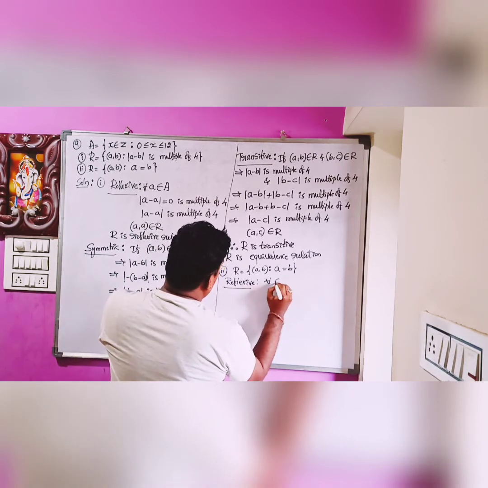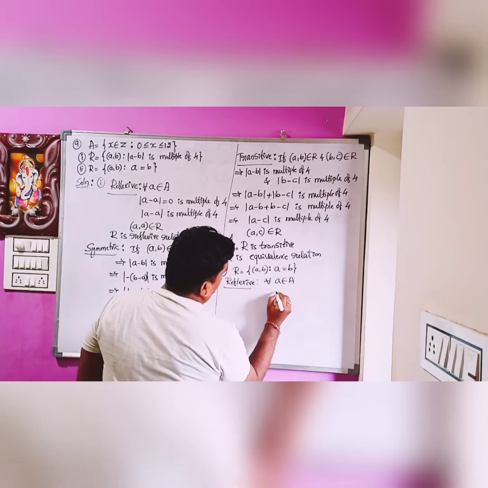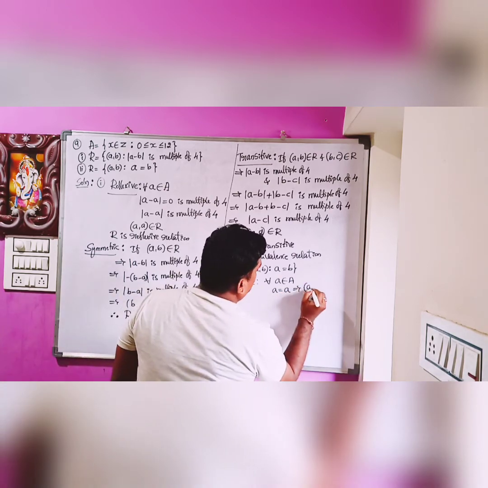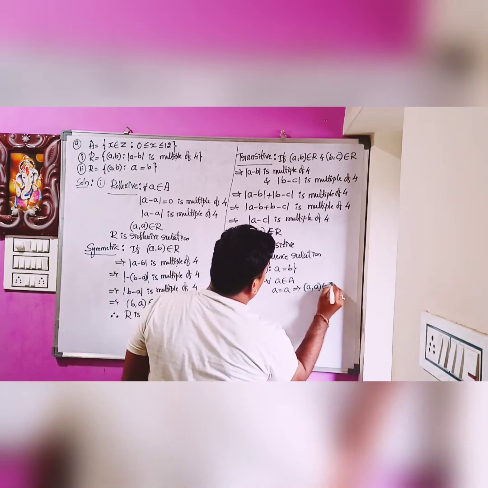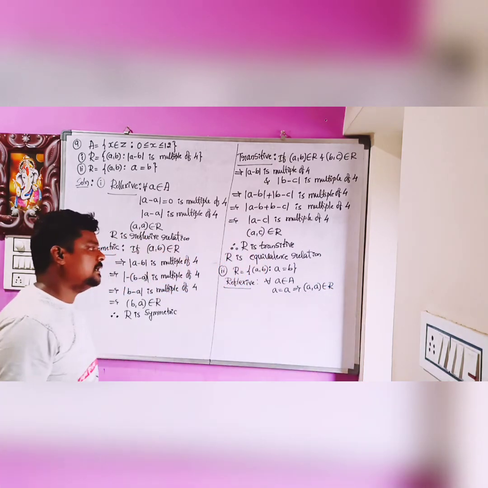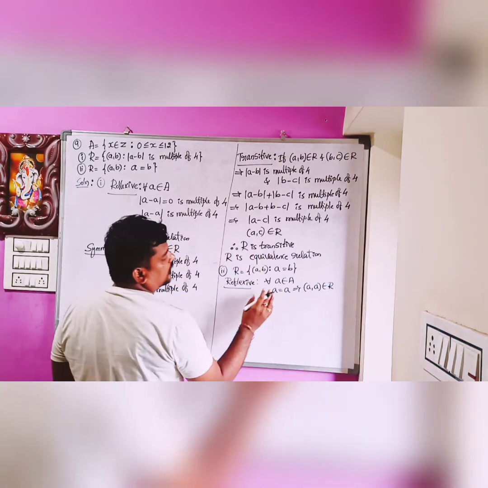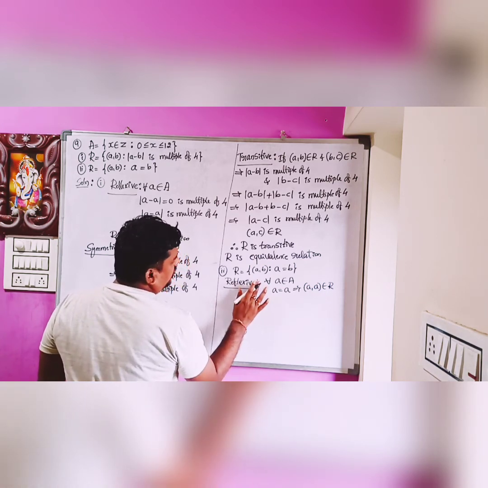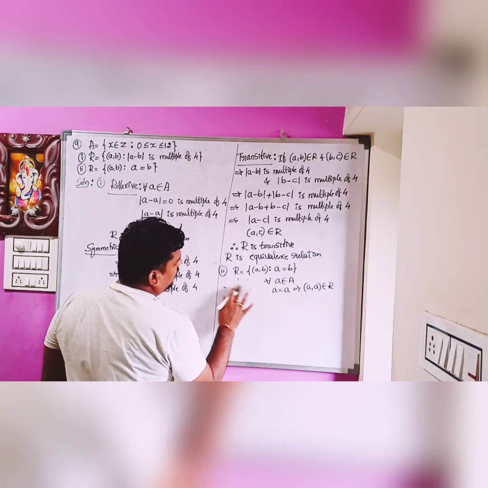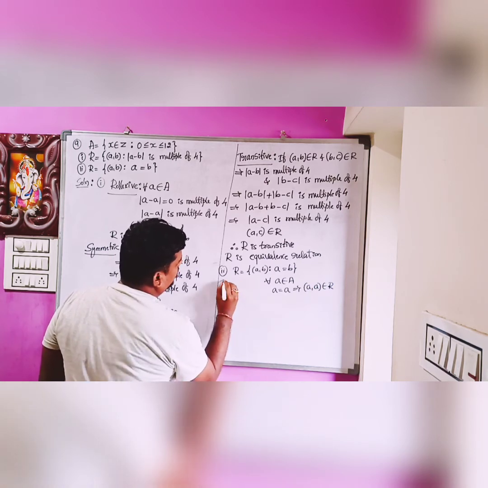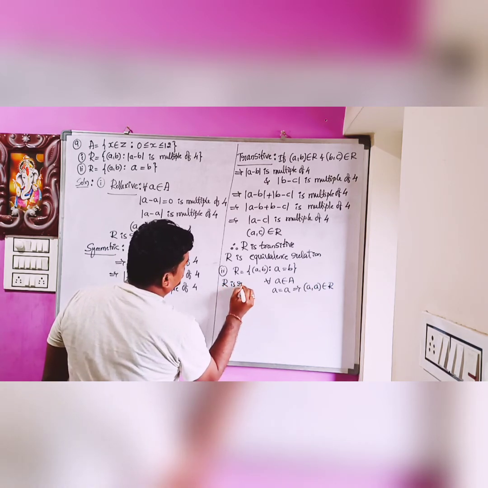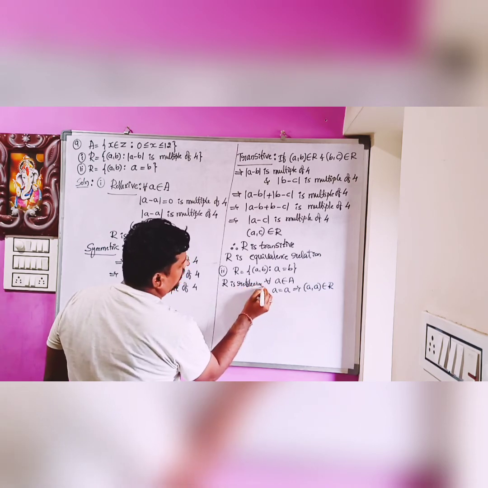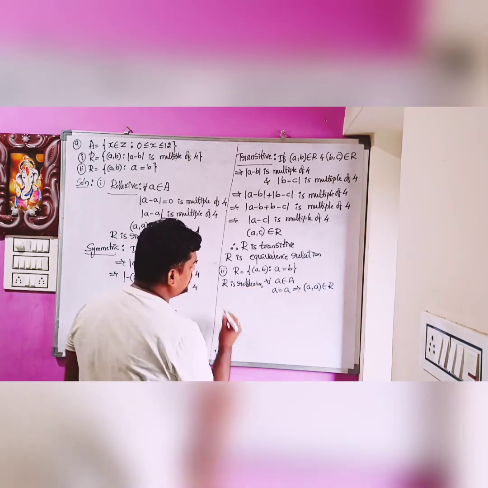For all a belongs to capital A, a is always equal to a, implies (a, a) belongs to R. So R is reflexive. Directly we can write this.